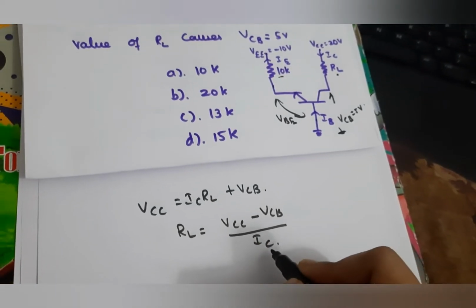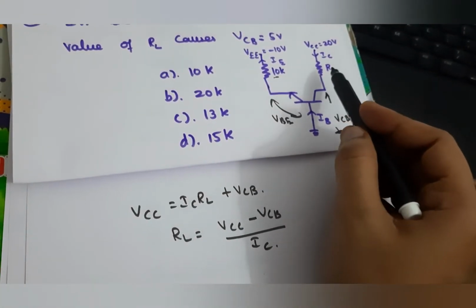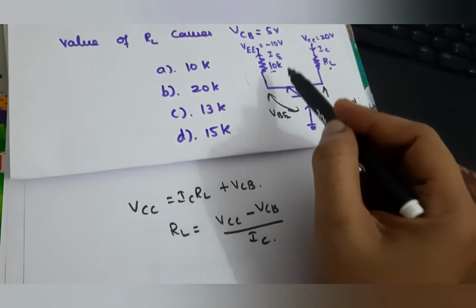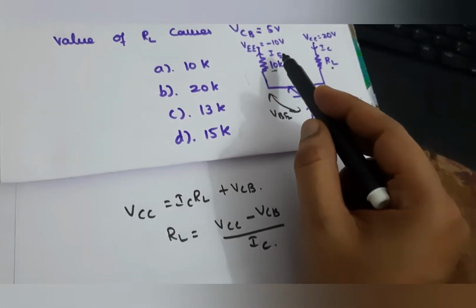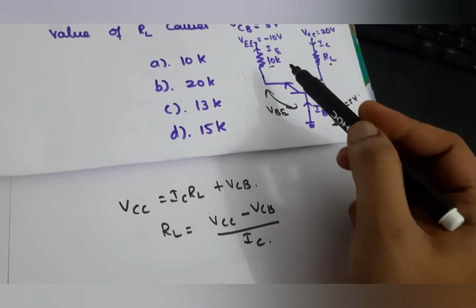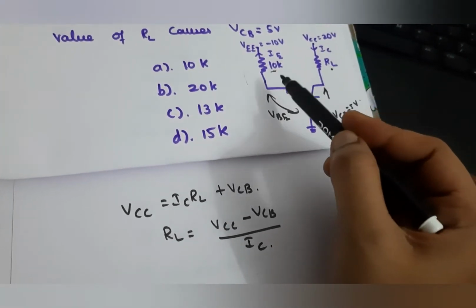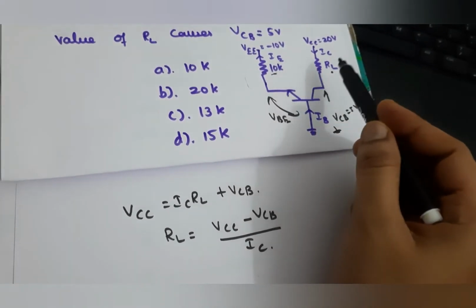So we have to find this IC. Using this loop we cannot find IC because we don't know this RL value, but using the other loop we can find the IE value because we know the RE value. Taking the approximation of the BJT transistor, IE is approximately equal to IC. So after finding IE, we can take IE equal to IC.